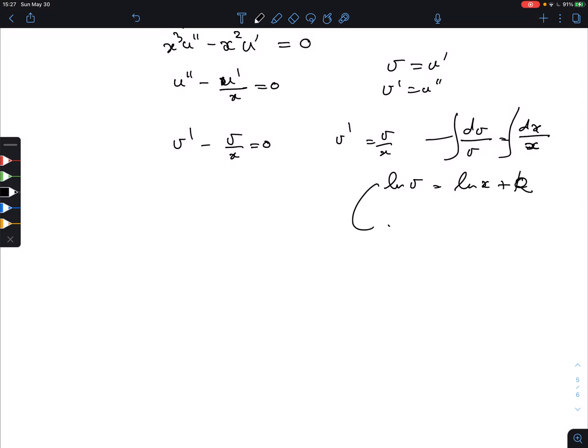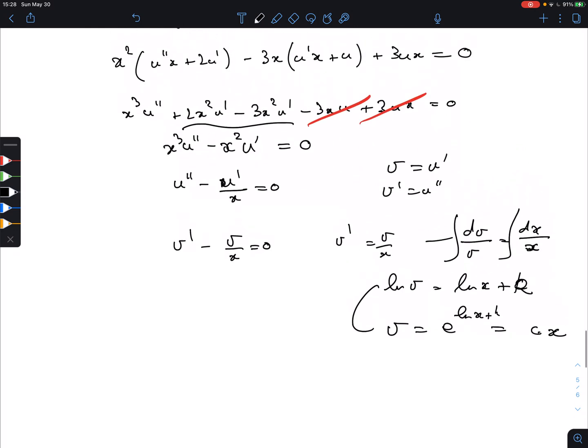If I take the exponential, then v is equal to e to the ln x plus k, which splits as e to the k times x, and e to the k I rename into a c. Okay, the standard thing that we have always been doing. So that's the general solution for v. Now we don't need to find a particular solution, it's homogeneous, so we're done.